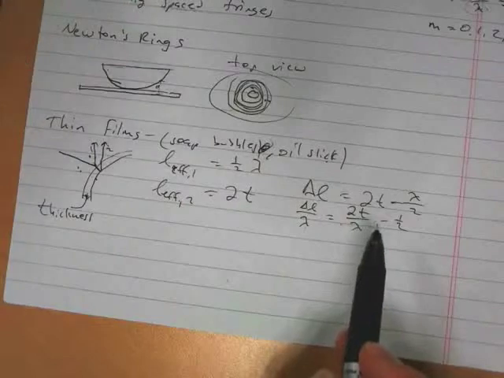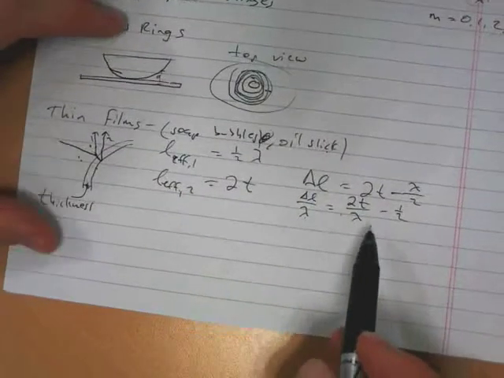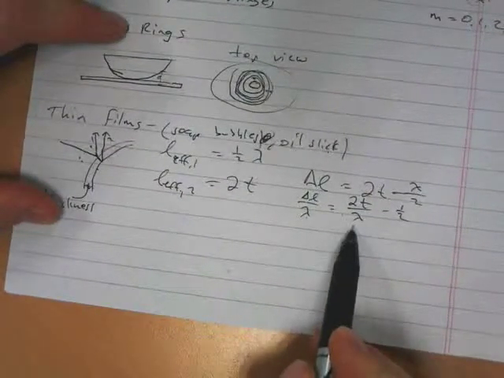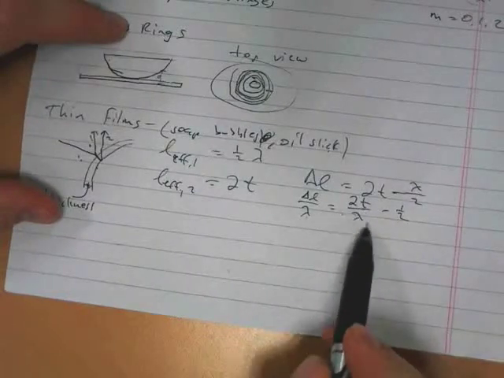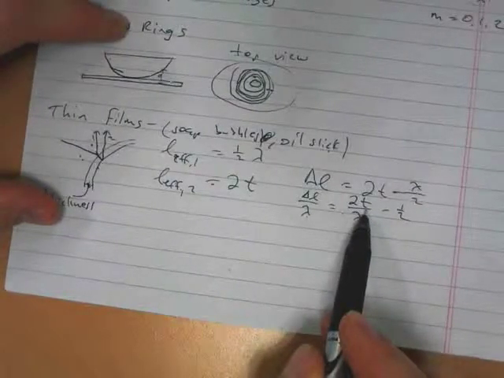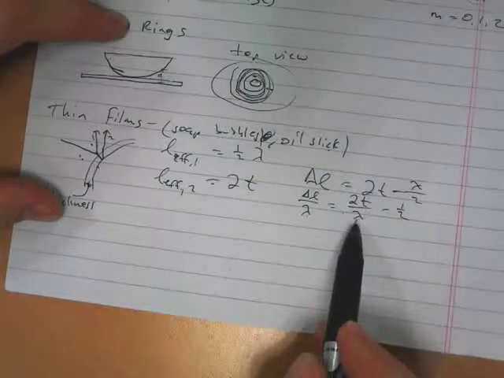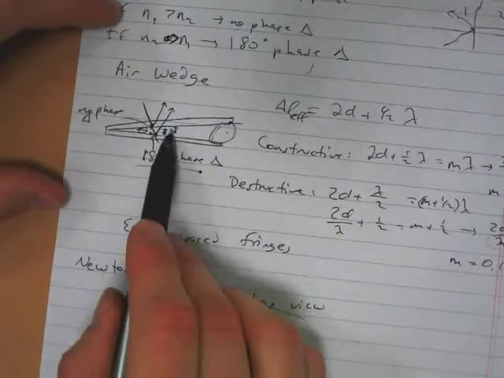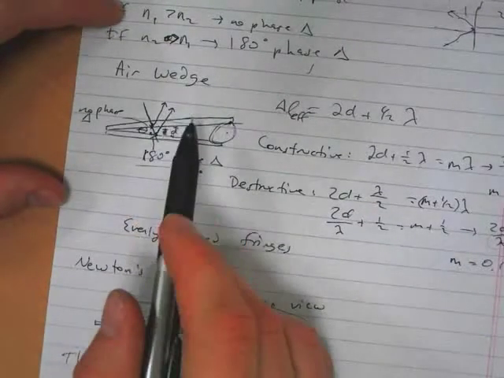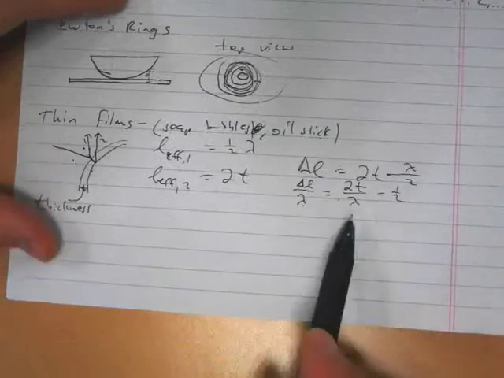Okay. Now the thing is that inside of this soap bubble, we're passing through a different material. Because we're passing through a different material, this wavelength changes. For our air wedge, we were passing through air, which has an index of refraction of 1, so we didn't need to worry about it. But here, this wavelength is the wavelength in the material.